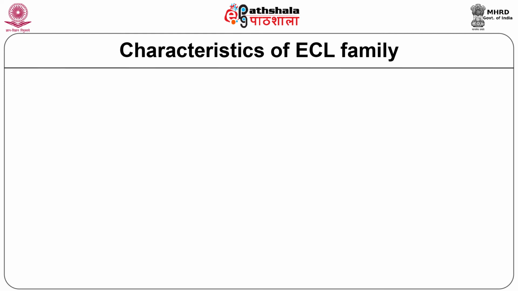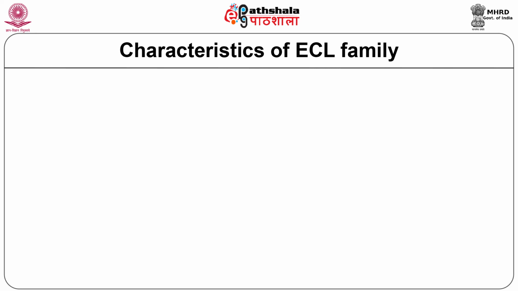Characteristics of ECL family. There are many features possessed by MECL family devices other than their high speed characteristics that make them attractive for many high performance applications. The major characteristics are as follows.